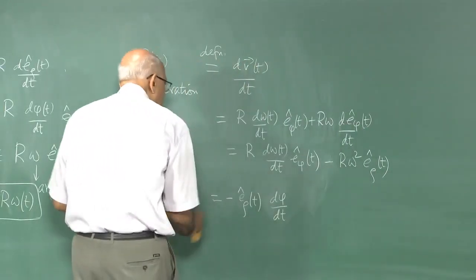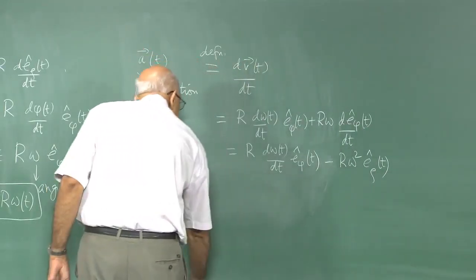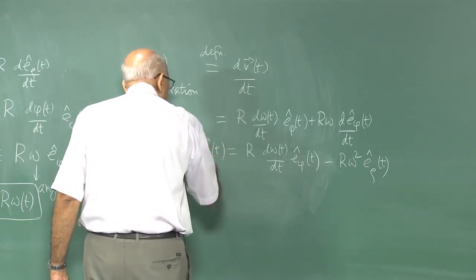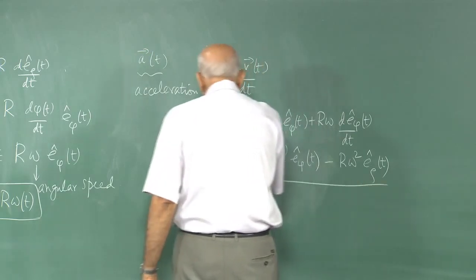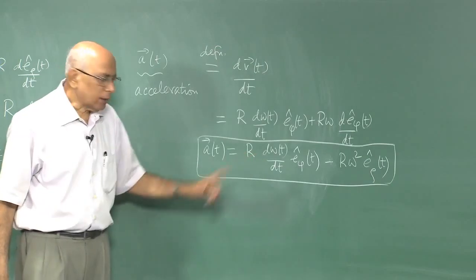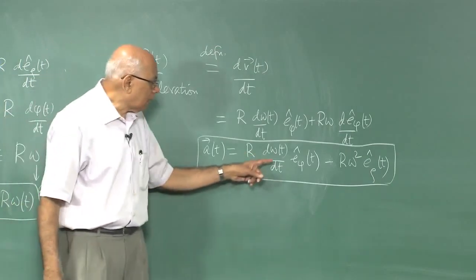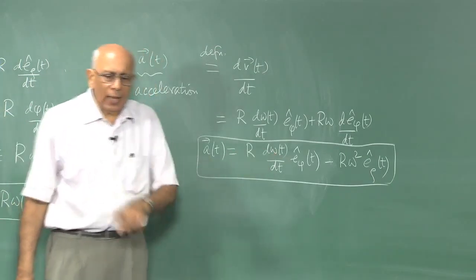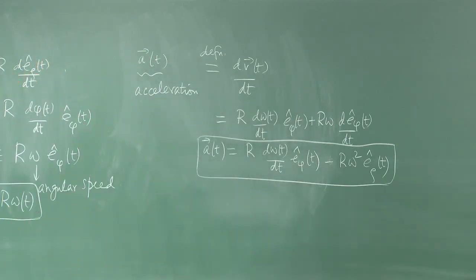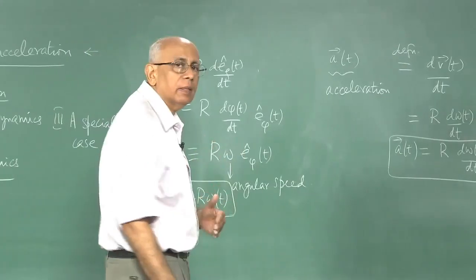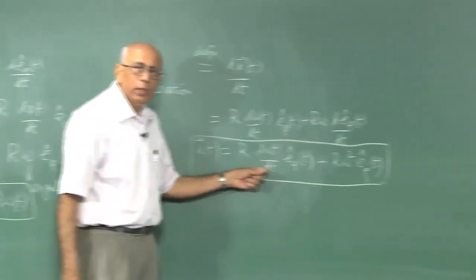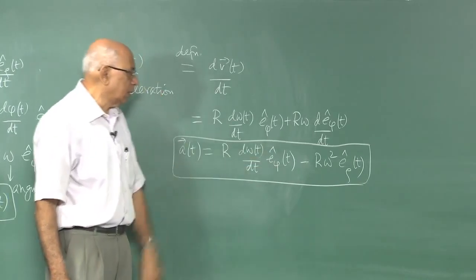So that is our final answer for the acceleration, the general acceleration of a particle moving in a circular path. The general expression has two terms, one of them coming from the possibility that as it moves along the circle, the angular speed might change as a function of time. It might accelerate, it might decelerate, and so on, and that gives you a contribution here which is purely tangential.